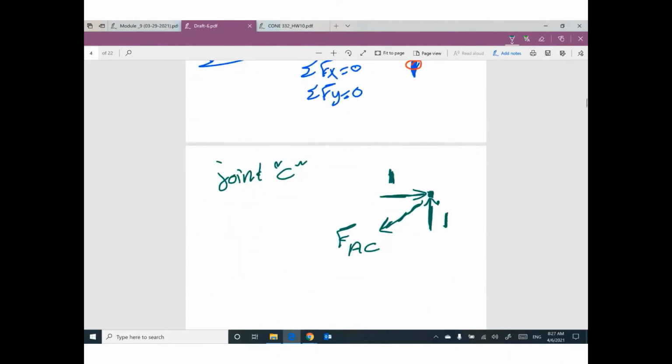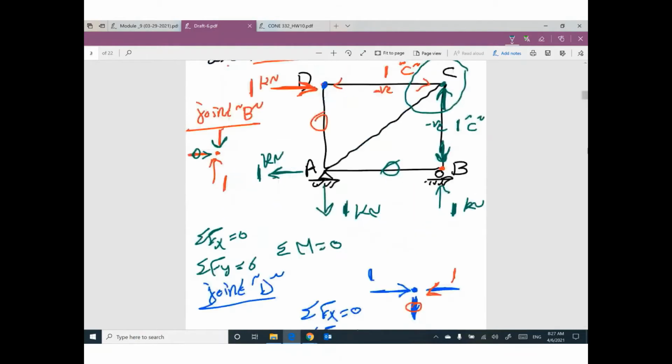With this angle 45 degrees, if you apply summation Fx equals 0 or summation Fy equals 0, this force will be 1.4. Tension. So this force will be tension, 1.4 tension. Tension means positive. So I am done with the internal force in each member.